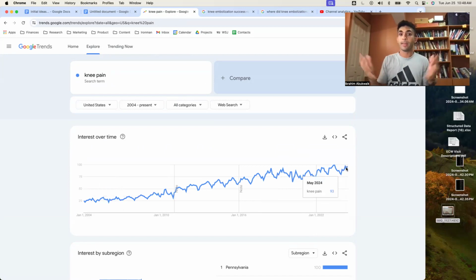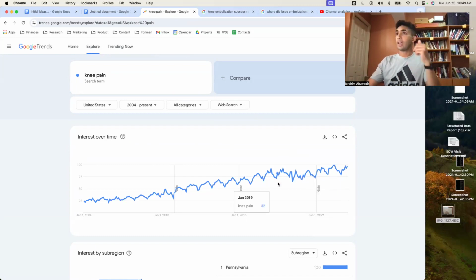It's a growing problem. That's a good sign because the product that I'm selling is for knee pain. So if knee pain is a growing market, that's a green flag. If this was going down the opposite way, then I'd be like, this might not be the best product to sell, right? Because the demand and the volume of that market is going down.